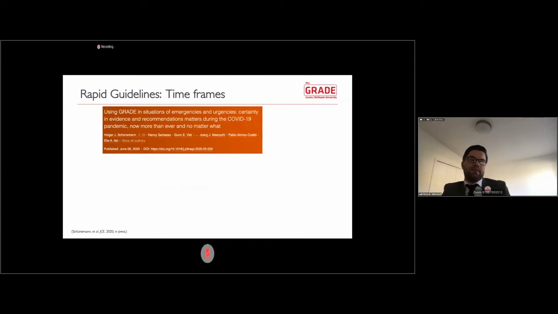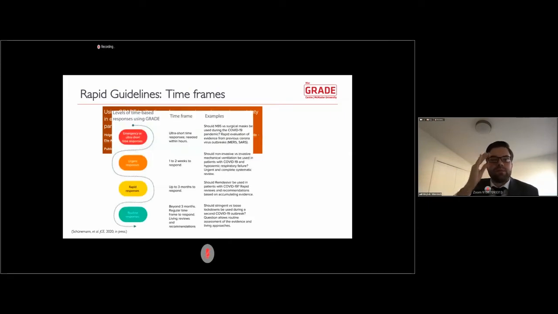And going back to time frames, one recent publication I want to highlight as well from colleagues from the GRADE working group is using GRADE in situations of emergencies and urgencies, and producing recommendations in a rapid time frame, where the group had separated out specific types of responses according to the time frame available.